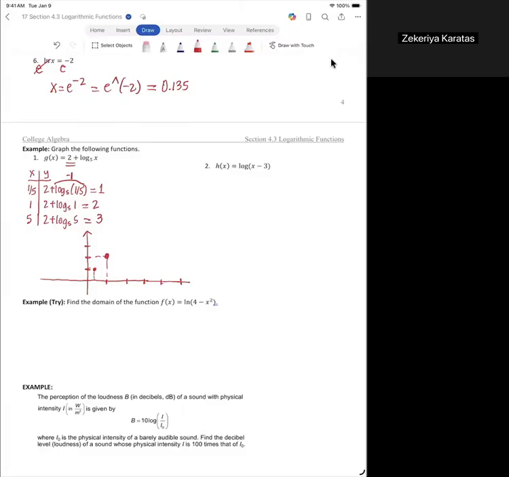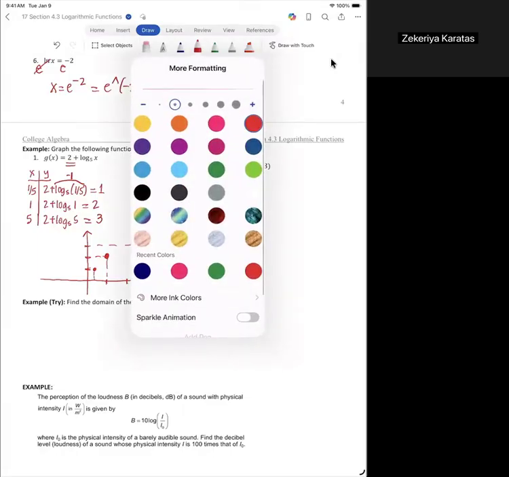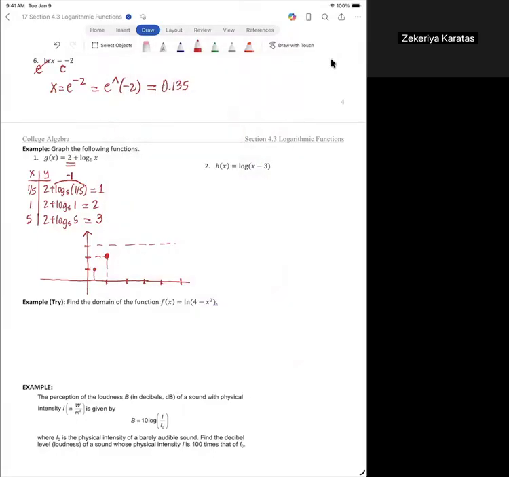At 5, it's 3. So the graph would look like this. Since it's shifted up, it's still going close to the y-axis. That's what you have. So that's how you graph it, or you can use a graphing calculator as well.